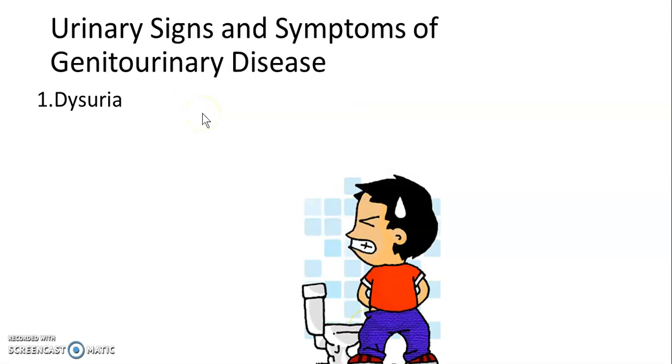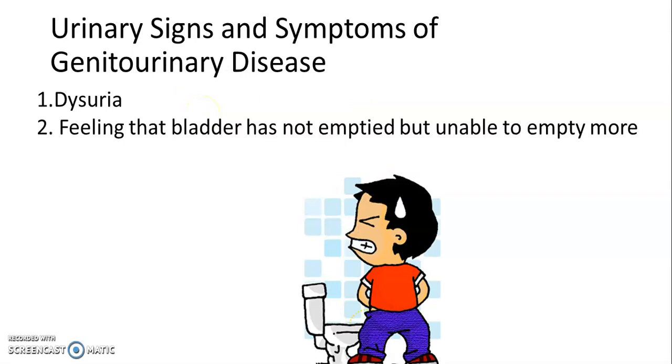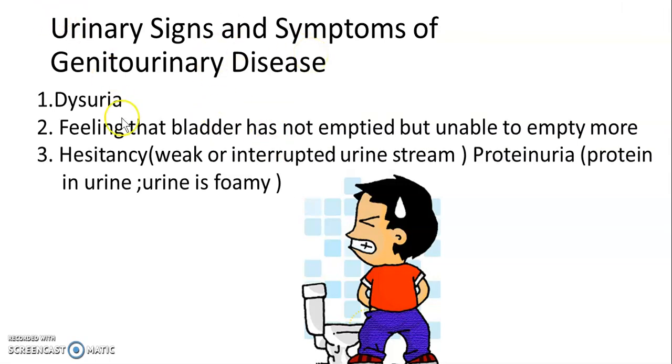Patient can complain about dysuria, a feeling that the bladder has not emptied but is unable to empty more. There can be hesitancy, which is a weak or interrupted urine stream. There can be proteinuria, protein in urine, or urine that seems foamy.